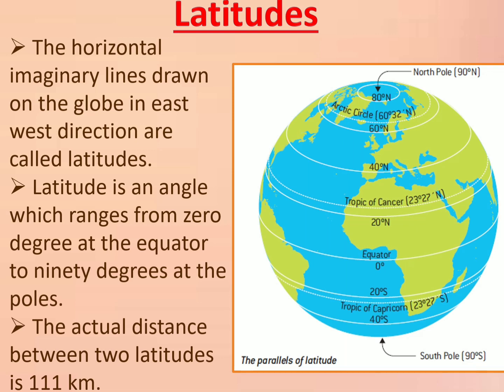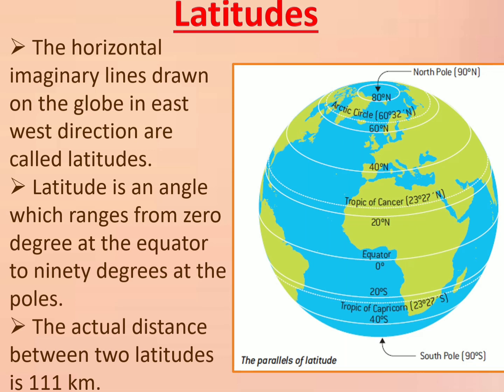The actual distance between 2 latitudes is 111 kilometers. You can see the lines on the globe right now in the image. Those lines are going from east to west, and they are horizontal lines.